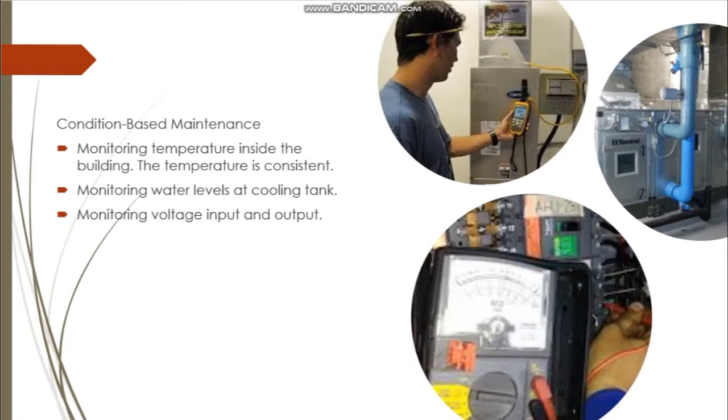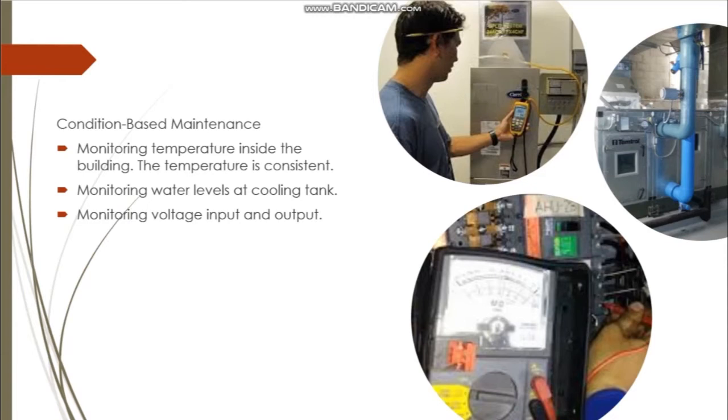This is to ensure everything is working properly, and any irregularities we can fix right away. This maintenance is also performed to check for any irregularities in temperature and voltage consumptions, and also pressure inside the duct.